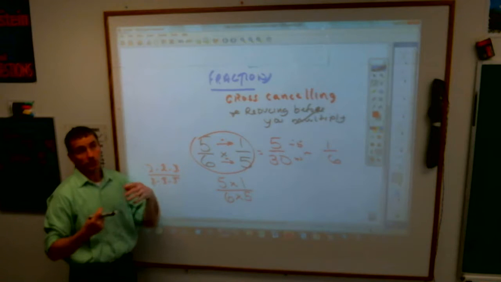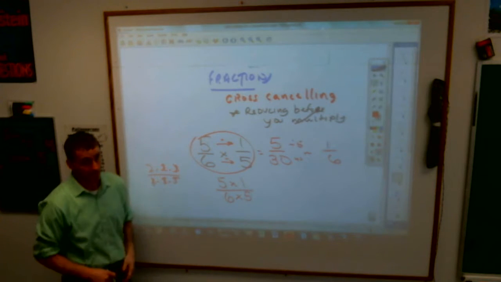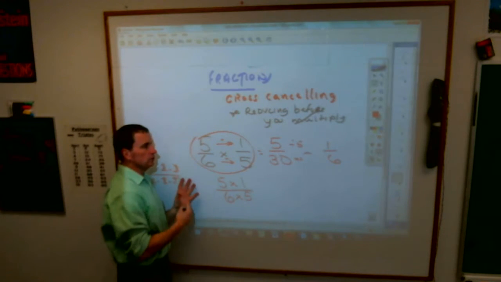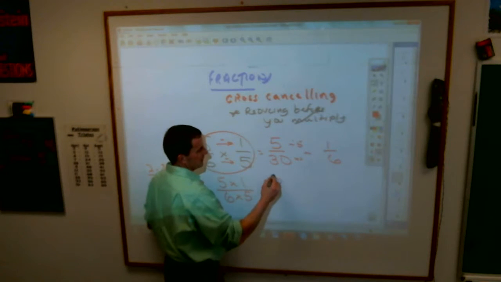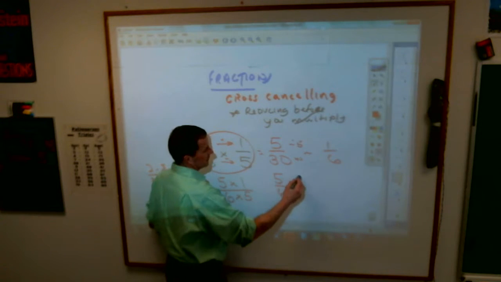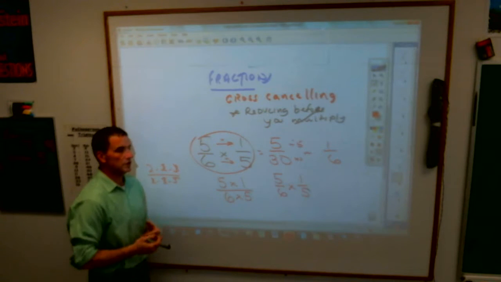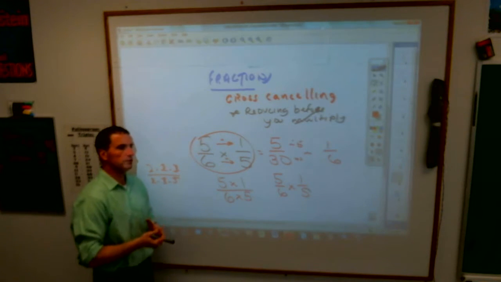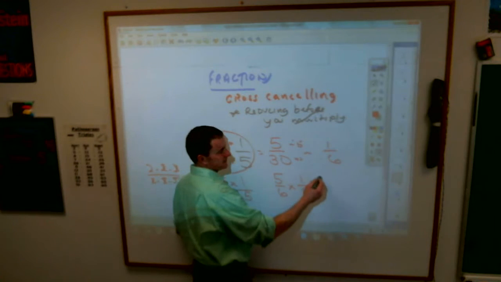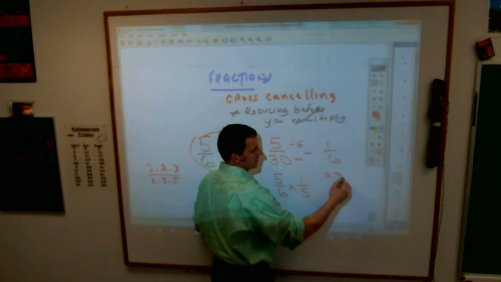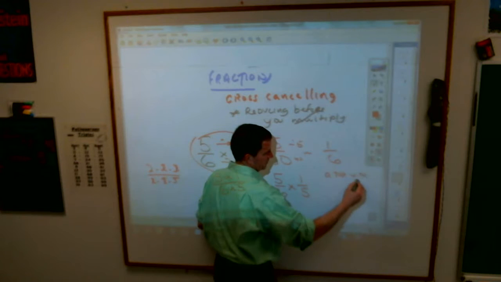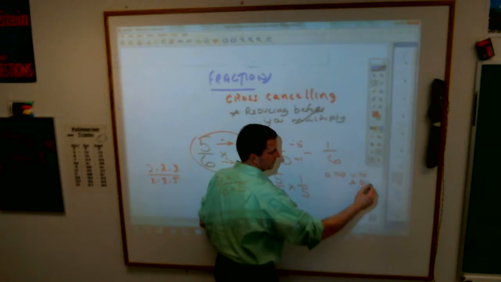You can save yourself a lot of time and probably stop a lot of mistakes if you do this cross-canceling thing. If you see 5/6 times 1/5, you can reduce before you multiply, as long as it is a top with a bottom number. It doesn't matter where the bottom number is.